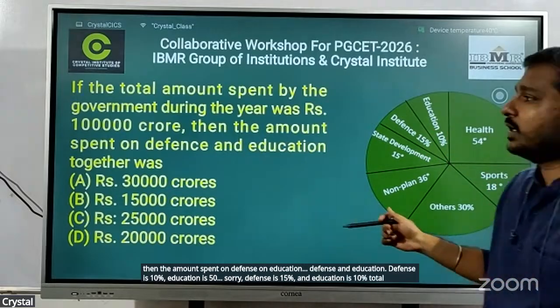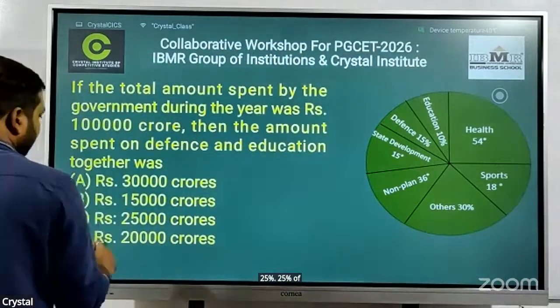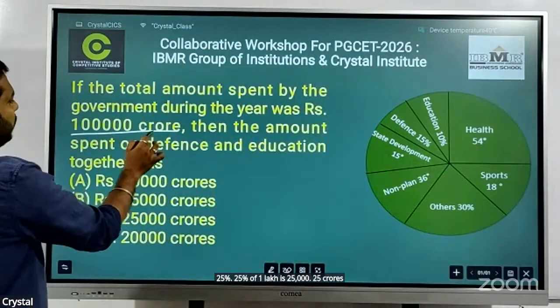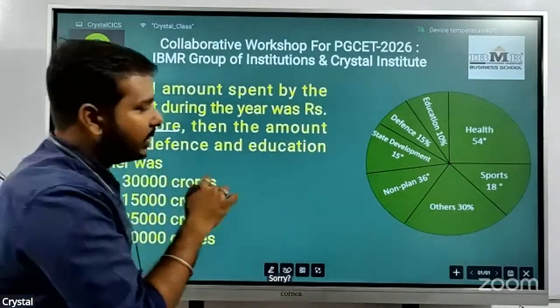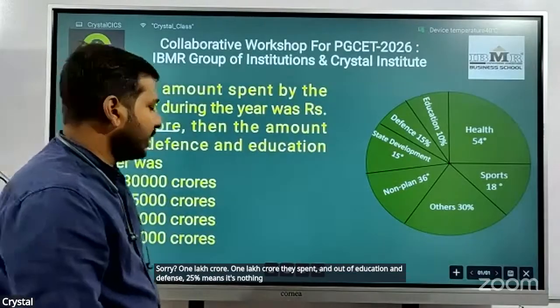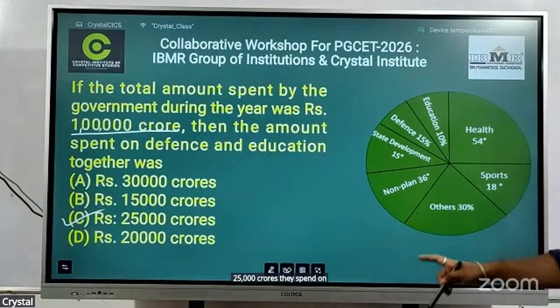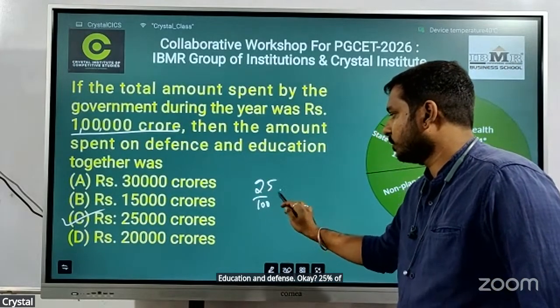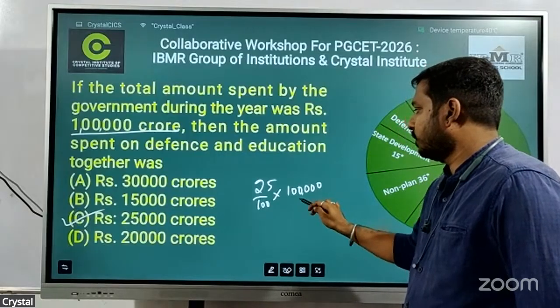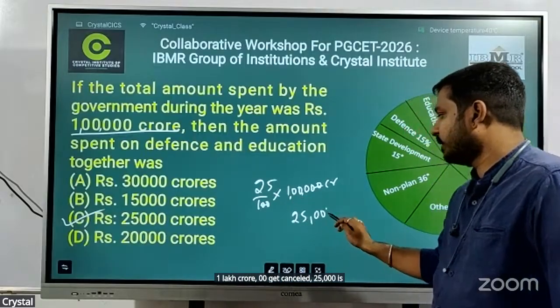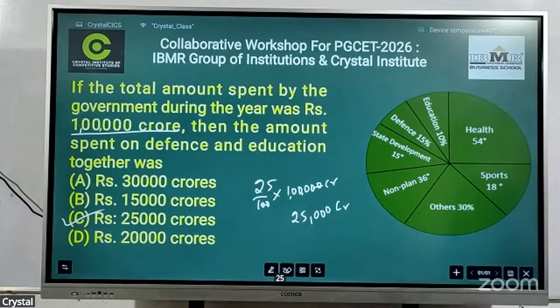Total 25%. 25% of 1 lakh crore, they spend, and out of that, education and defense, 25% means it's nothing but 25,000 crores. Double zero gets cancelled. 25 into 1000 is 25,000 crore is the answer.